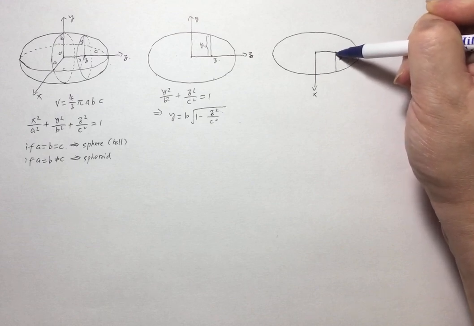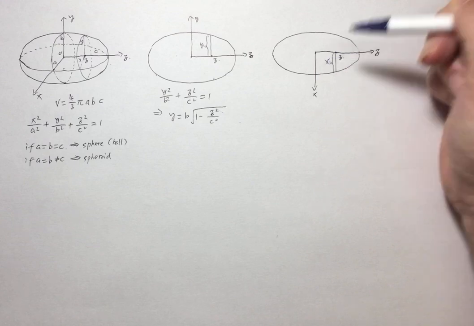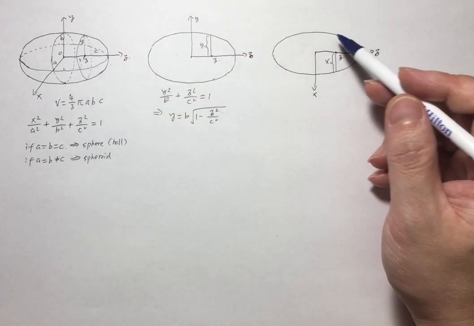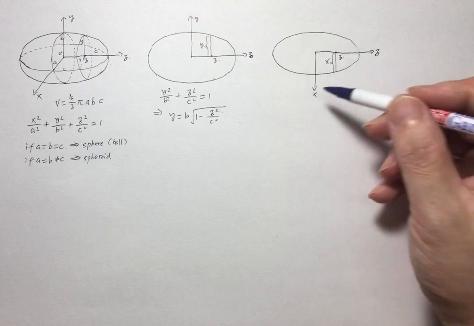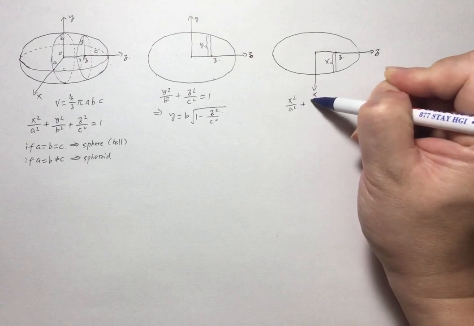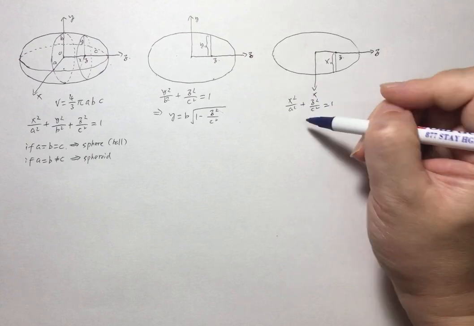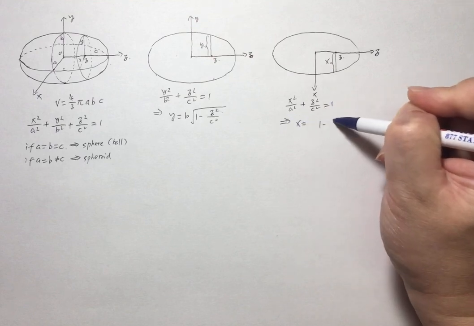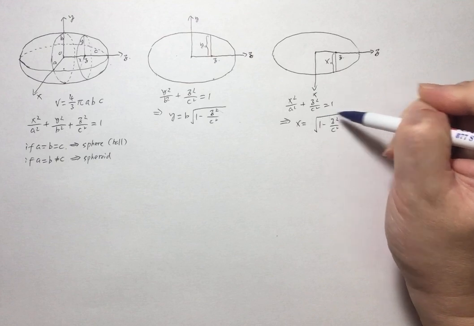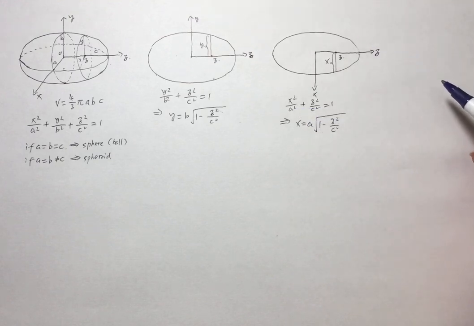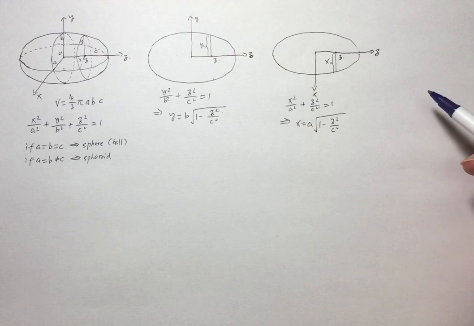So we need to know the length of this line, which is x, and we also plot x here from here to here. So again, this is an ellipse. The equation that describes it is x squared over a squared plus z squared over c squared equal to 1. So it's easy to get that x is equal to a times the square root of 1 minus z squared over c squared.